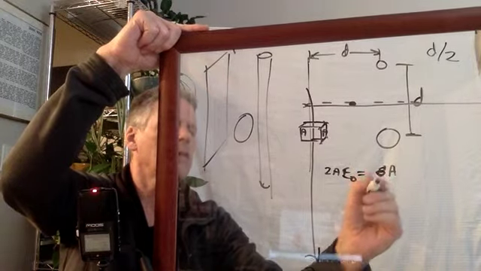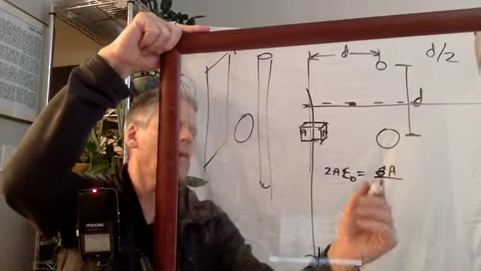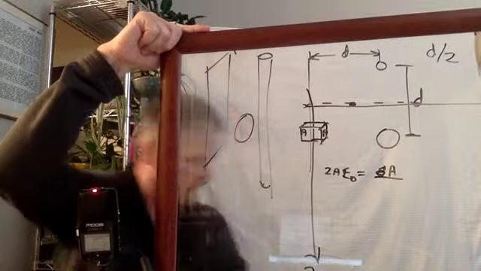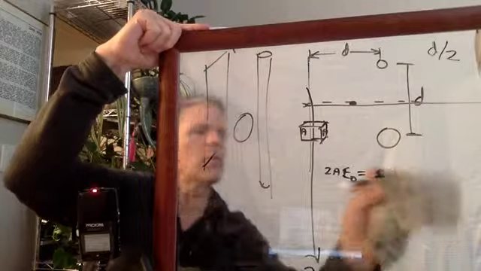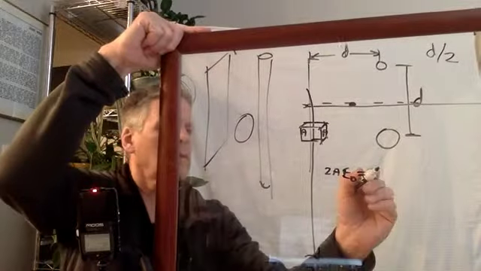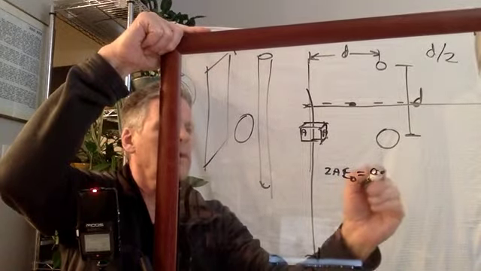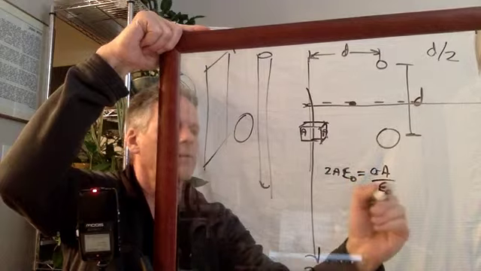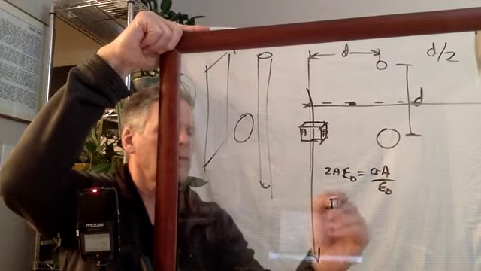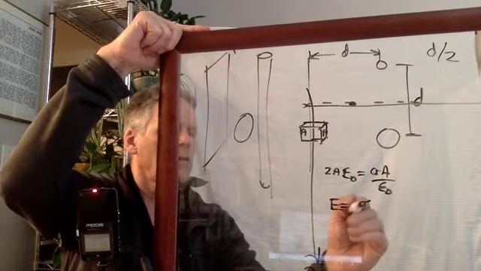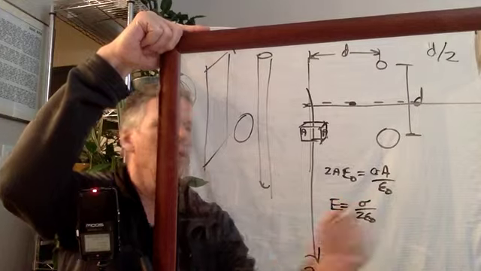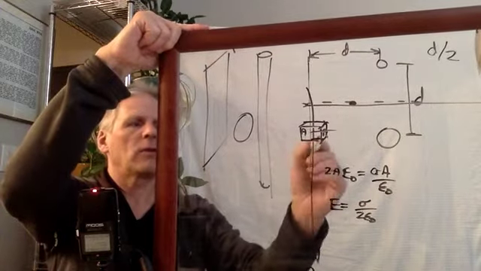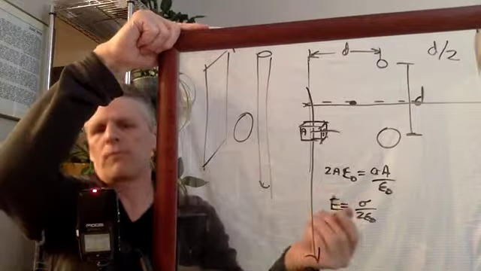I did forget to write that, didn't I? Sigma A over epsilon 0. And I know that this leads me to sigma over 2 epsilon 0. Now, I need to look at this and decide what direction it is. This is positive.